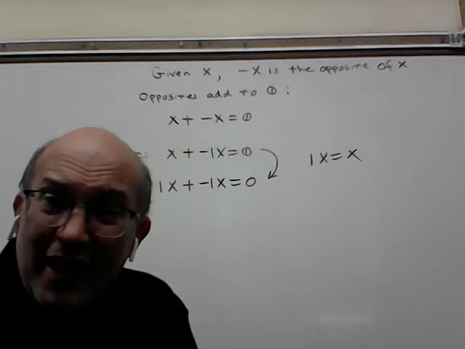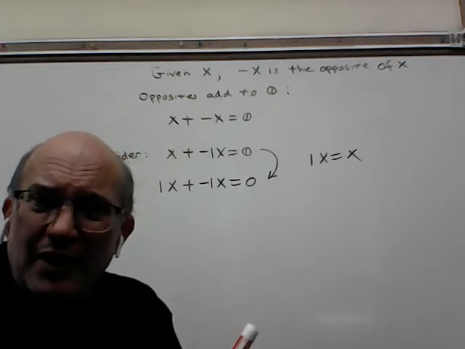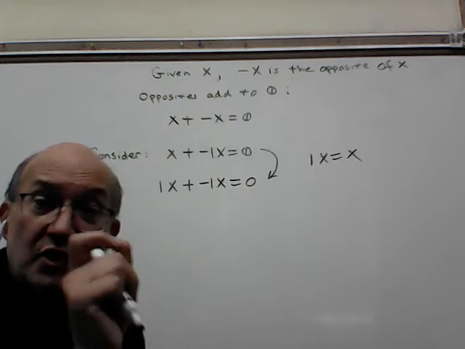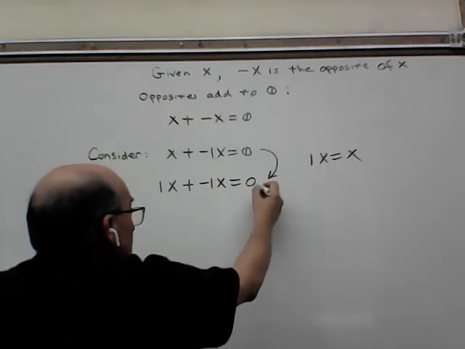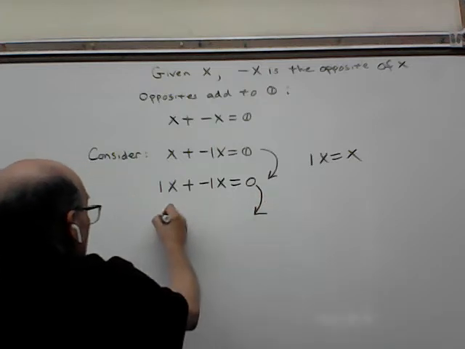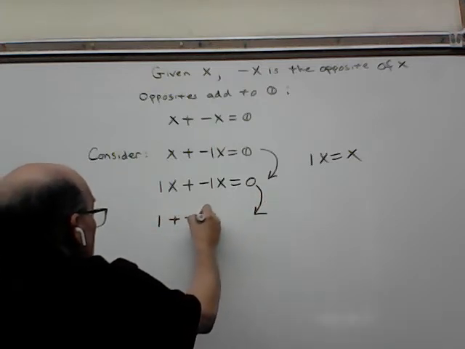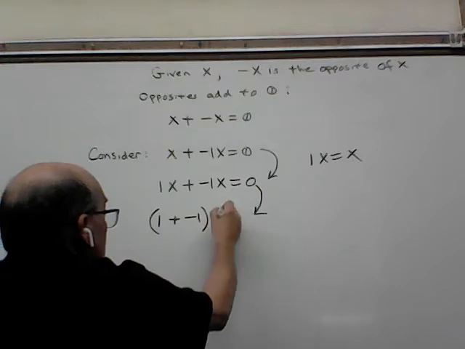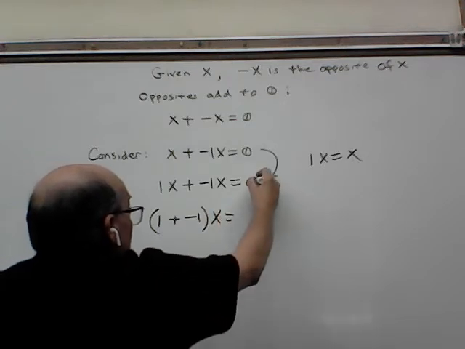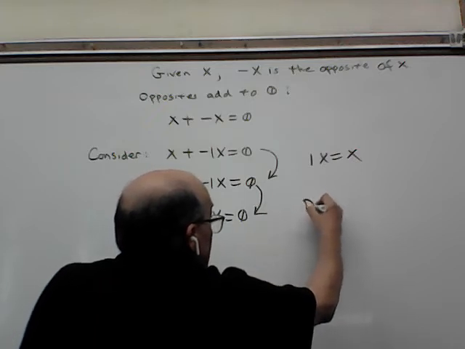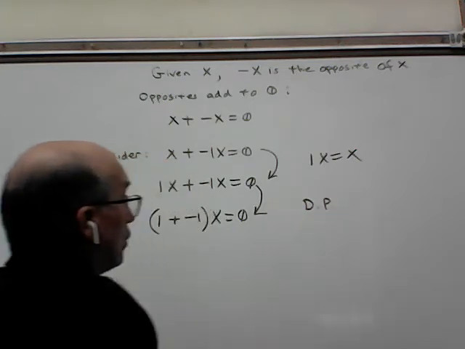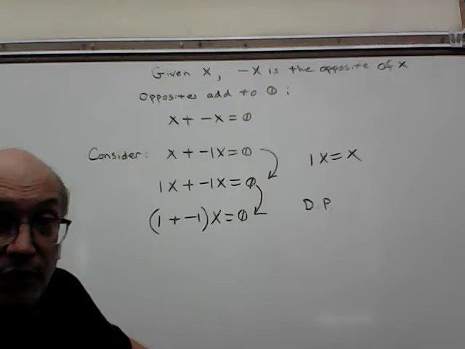Both of those terms contain an x. So you can use the distributive property, which is true for all numbers, to rewrite the statement this way. 1 plus negative 1 in parentheses times x equals 0. And I'll remind you about the distributive property.